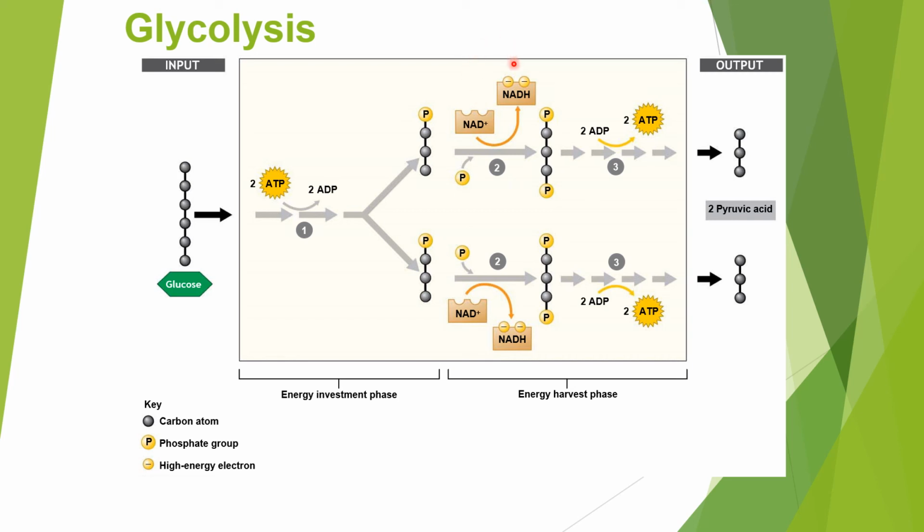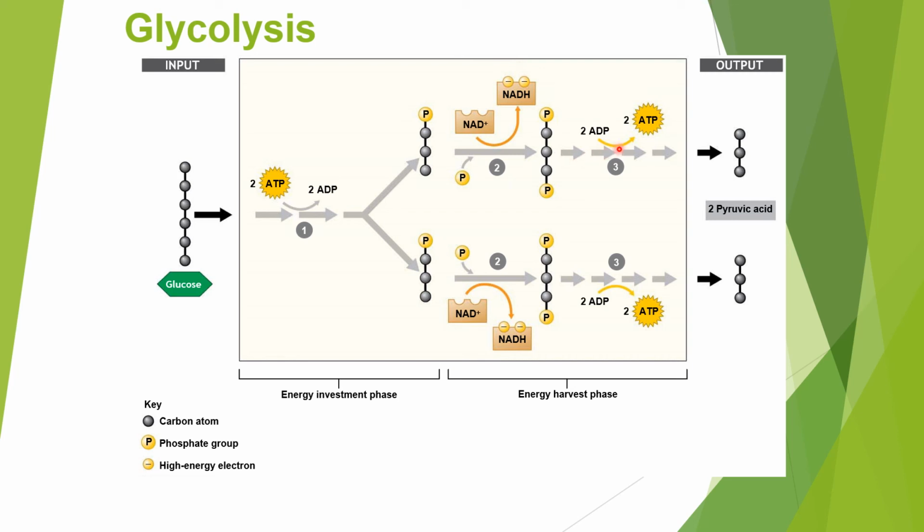And when it accepts them, it's going to become NADH. So NADH are now carrying those electrons. If you think about it, NAD positive is the oxidized state, and NADH is the reduced state, because as we said, reduction is gain of electrons.